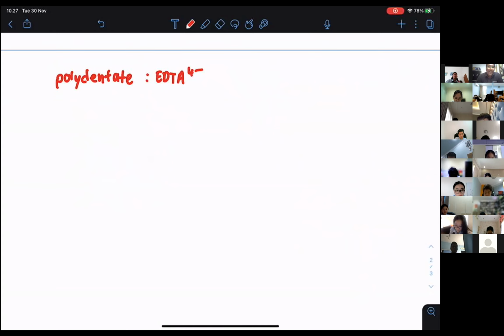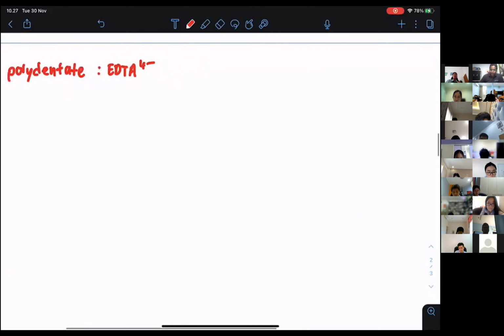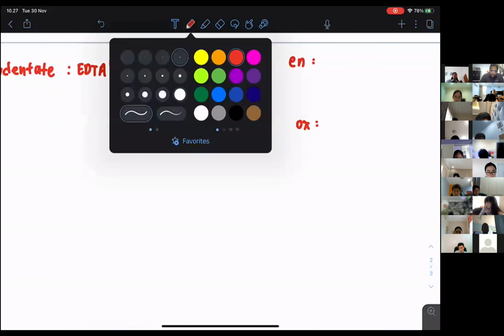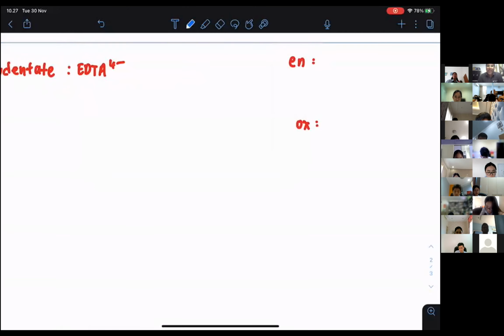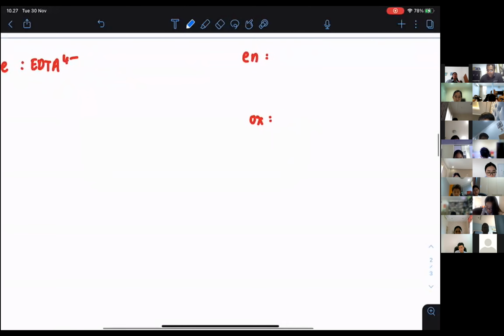Okay, EDTA 4 minus. Now, why I'm showing you this, because remember I taught you about EN just now and OX. I think some of you really cannot memorize very fast. I'll show you many times. EN, how EN actually looks like: CH2, CH2, NH2, NH2.